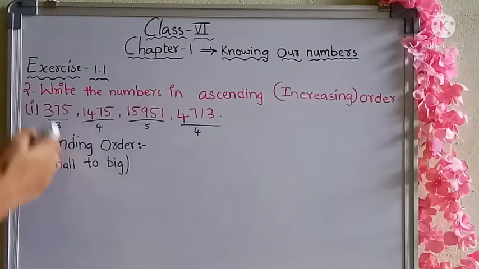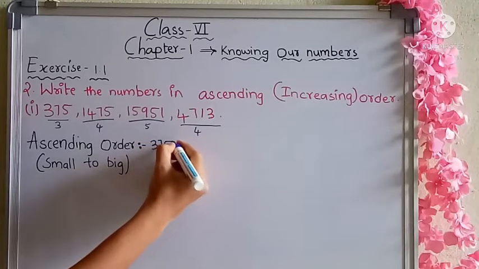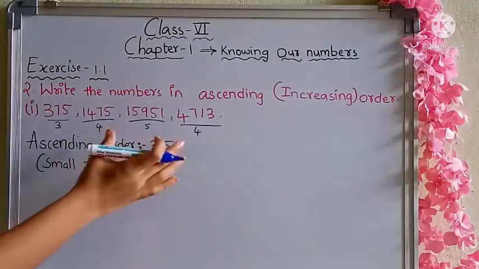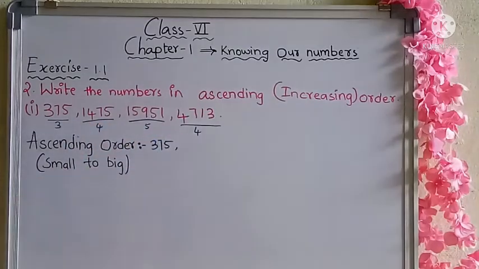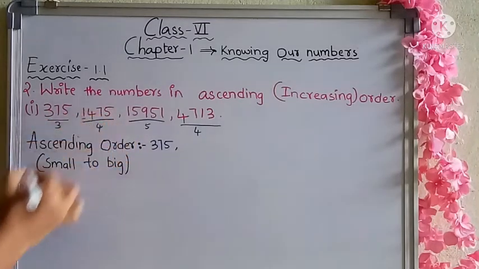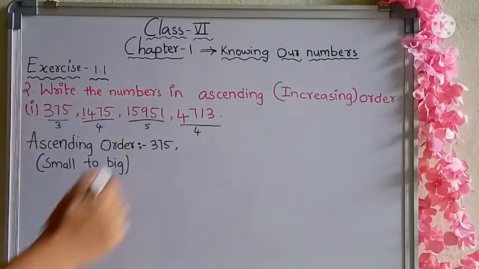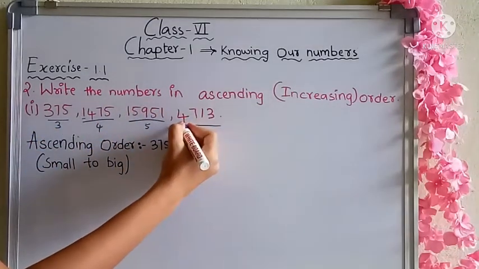So the smallest number is 375. And then now we have to check among these 4-digit numbers. Now from this 4-digit group we have to check which one is the smaller one. Coming to the thousands place, in this number the thousands place is 1 and in the other the thousands place is 4.